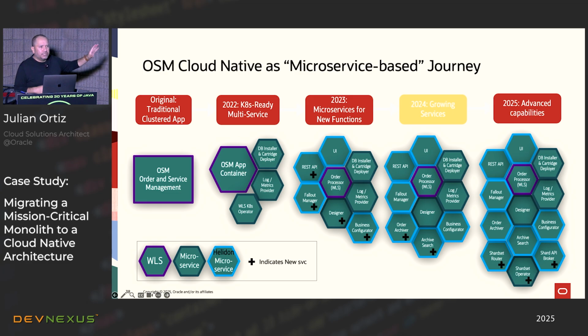OSM, which is the core common code base, and all those services around it, has led us to this cloud native journey that we are on today. I know a lot of you are doing something similar, and some may say it is not the correct time, and some may already be working on it. This is the approach we decided to take.